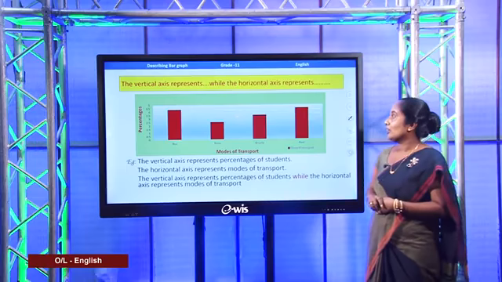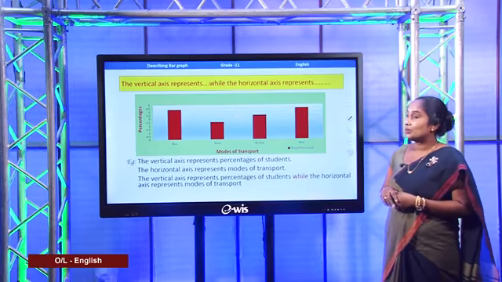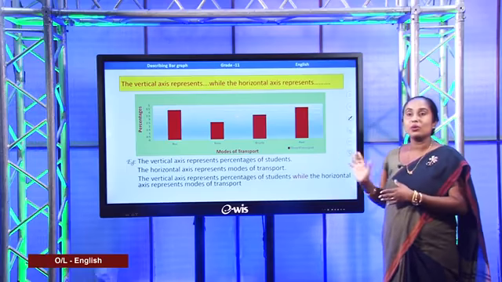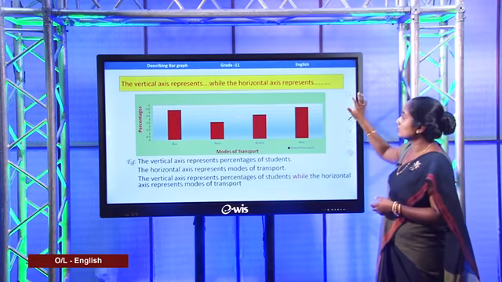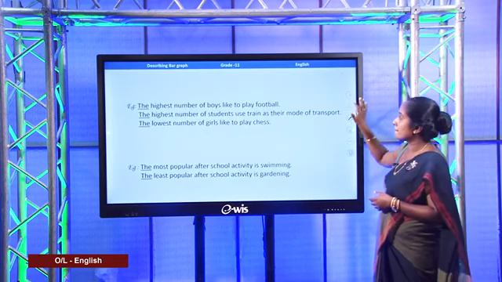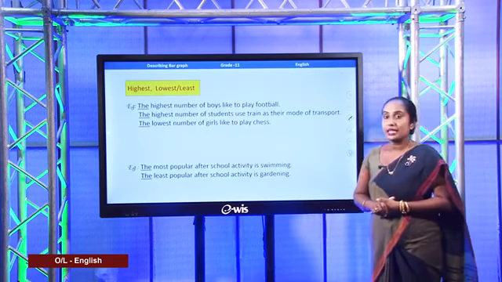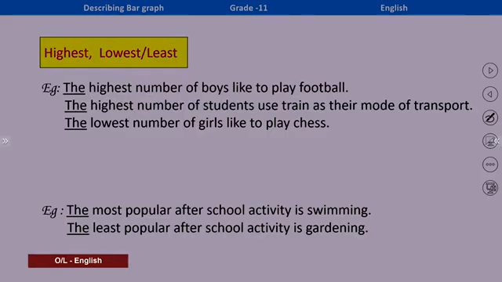Right? Okay. Now let's move to the next slide to see some more language expressions. Here you can see highest, lowest or least. When you see these words, my dear children, you may remember the superlative forms of adjectives.